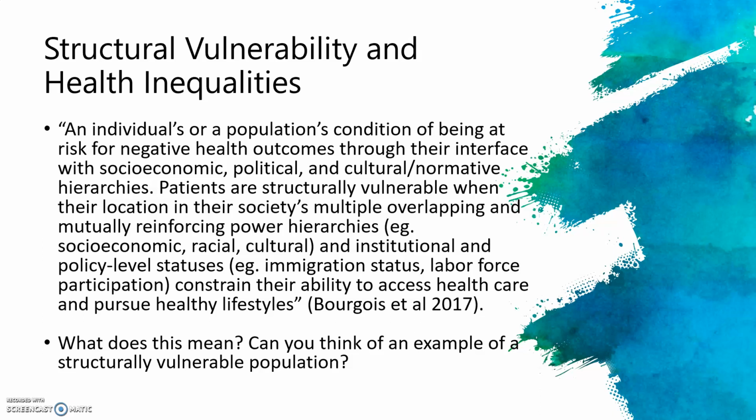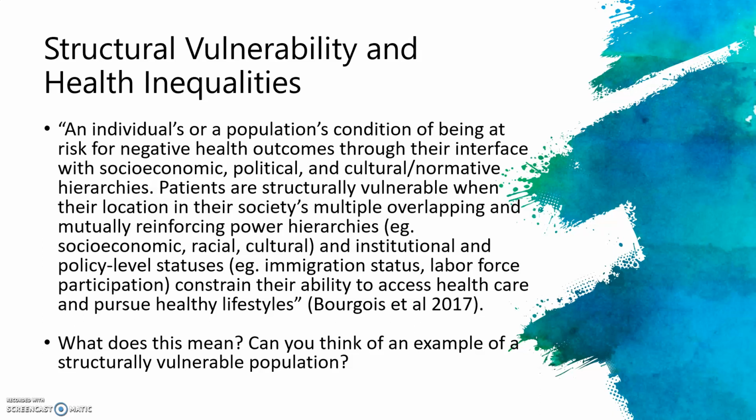So basically, you're a structurally vulnerable person if your intersectional identity and your status in society, in terms of such things as immigration status and where you work in the labor force, put together, either enable or constrain your ability to live a healthy lifestyle.